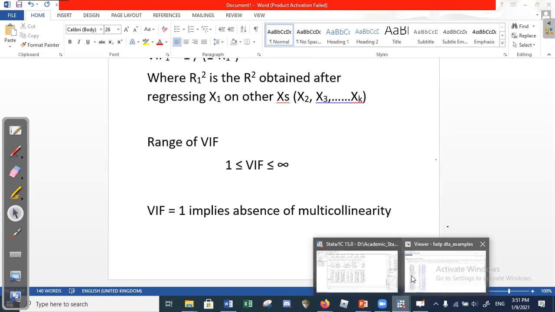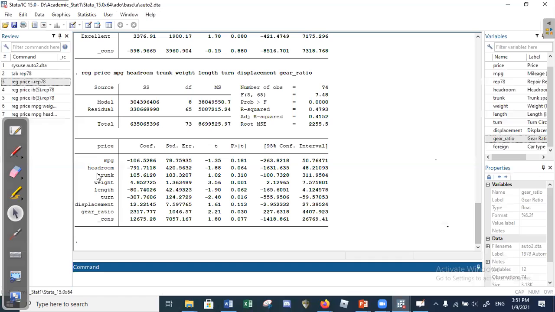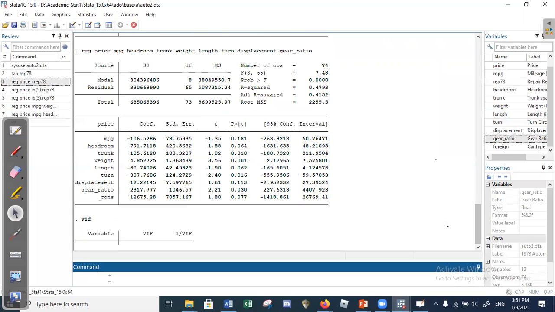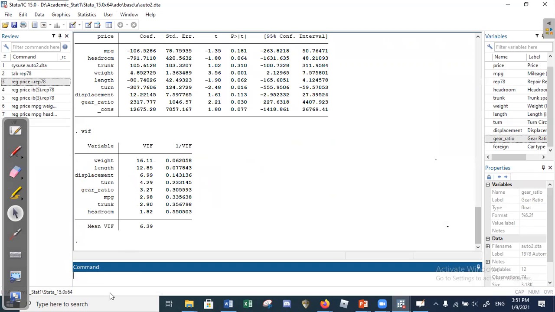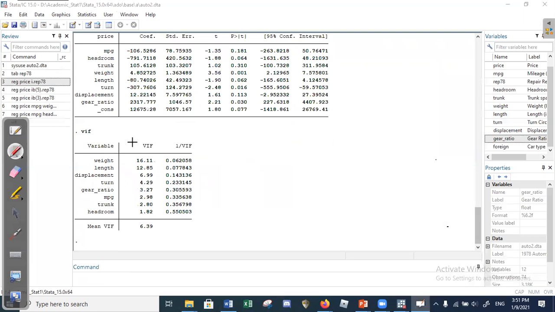So how can you do it in Stata? After fitting this model, simply type VIF in the command window, and you will get an outcome like this on the screen, right? Now look at these numbers.